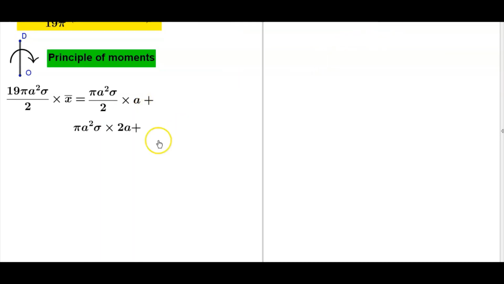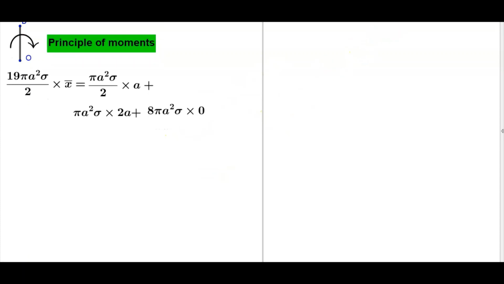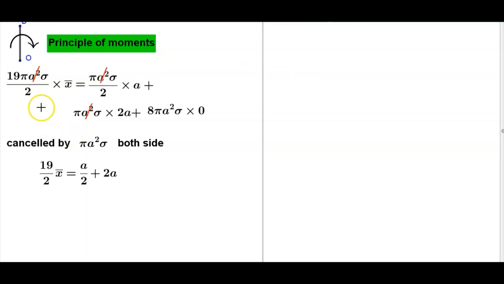Next one, pi a squared sigma into 2a plus 8 pi a squared sigma into 0. When we simplify this one, pi a squared sigma cancels from both sides. Therefore, 19 by 2 x bar is equal to pi a squared sigma times... cancel.